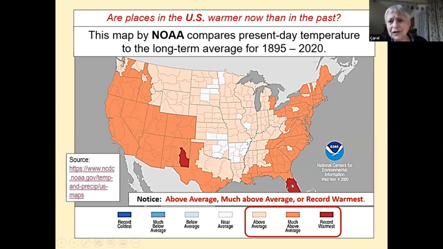There are parts of Florida that are just record warmest temperatures. This is all about 2020 compared to the previous average. There are chunks of the United States that are much above average and some that are slightly above average.